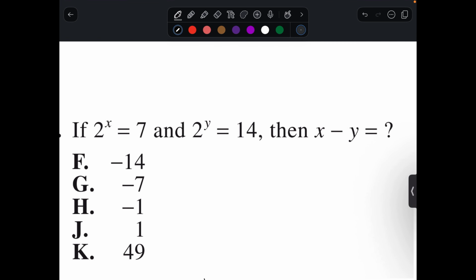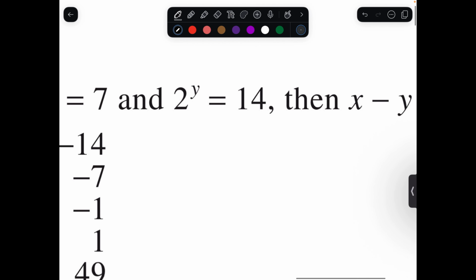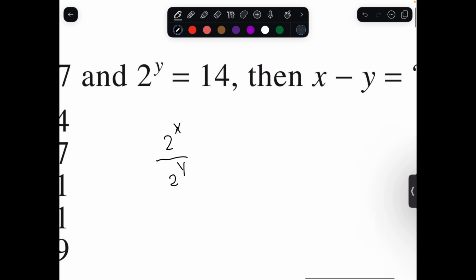The other way to do this problem is to just stick with exponents instead of converting to logs. The thing to realize here is that 2 raised to the power of x over 2 raised to the power of y is the same thing as 2 raised to the power of x minus y, right?